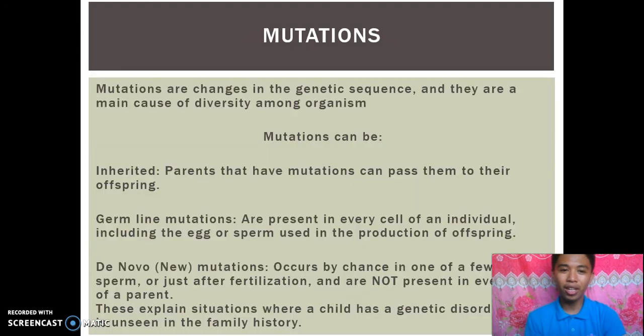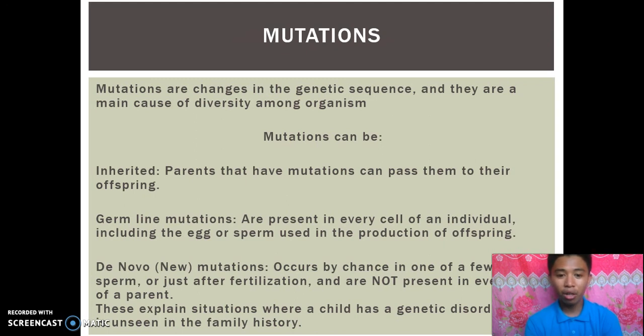Mutations are changes in genetic sequence, and they are the main cause of diversity among organisms. Mutations can be inherited. Parents that have a mutation can pass them to their offspring. Germline mutations are present in every cell of an individual, including the egg and sperm used in the production of offspring.